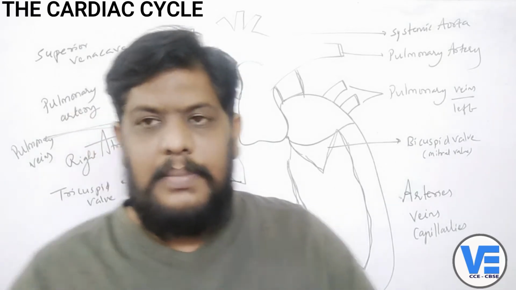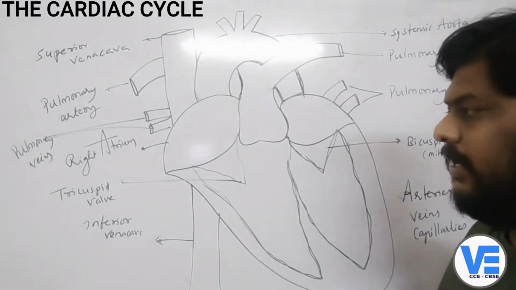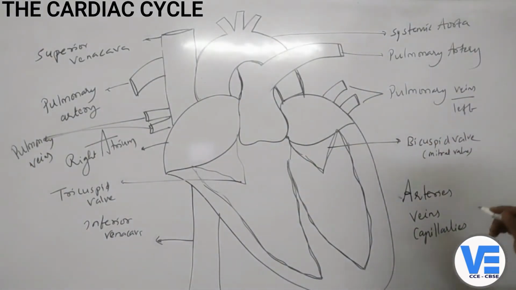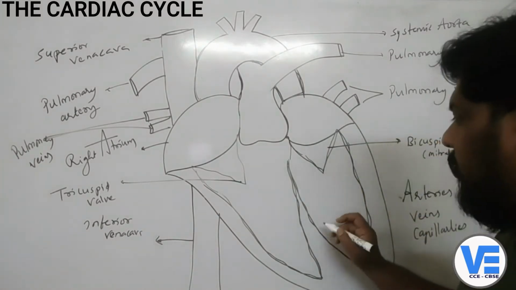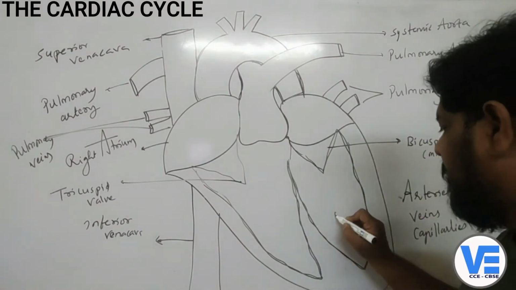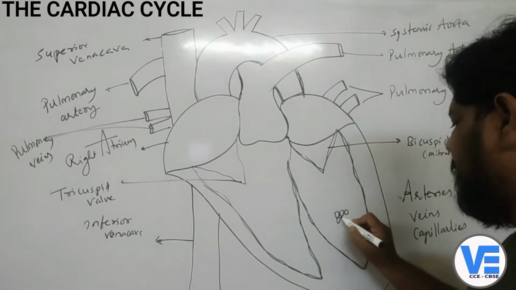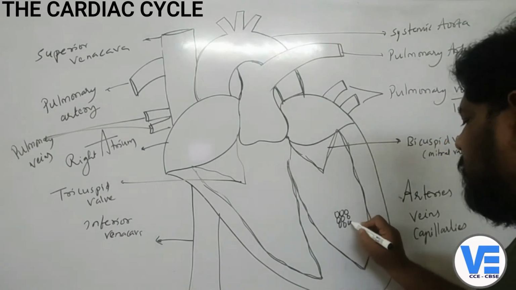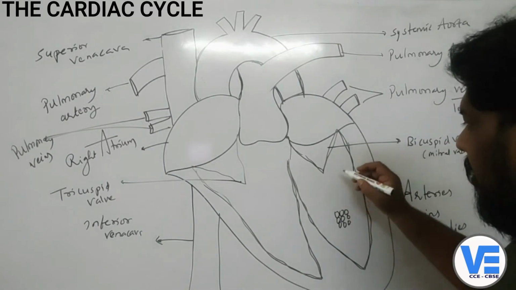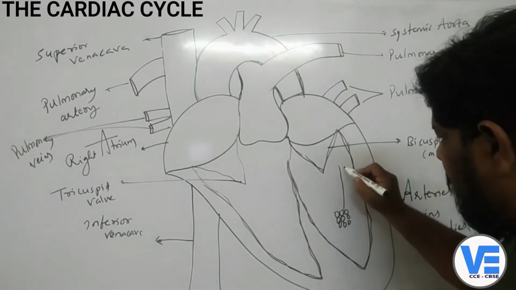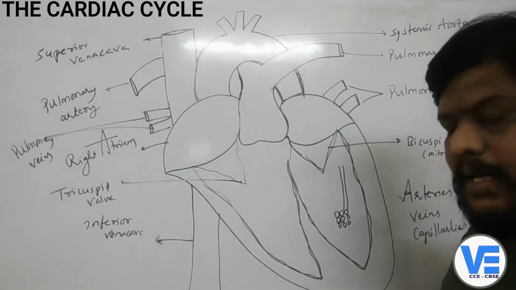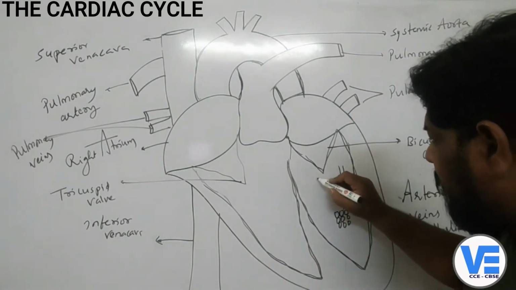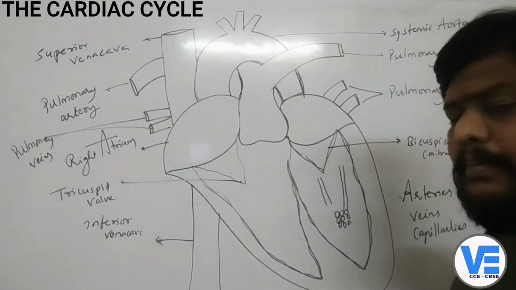For example, let me tell you, I'll use this space. Just assume that these are 4 or 5 cells, some cells here. Now the arteries are bringing the pure blood here. These are the veins which have to carry the impure blood.